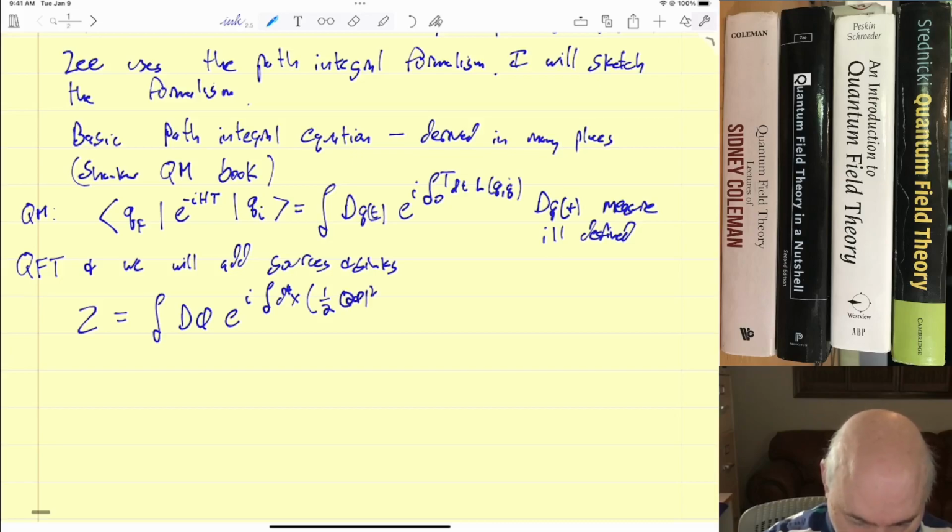I'm doing the scalar field here, minus the potential of a scalar field, plus, and here's where we add in the sources, j(x) times phi(x). So we're coupling a source j to a field. And now, these path integrals can't really be evaluated except for the free field theory. So we're going to use the free field Lagrangian.